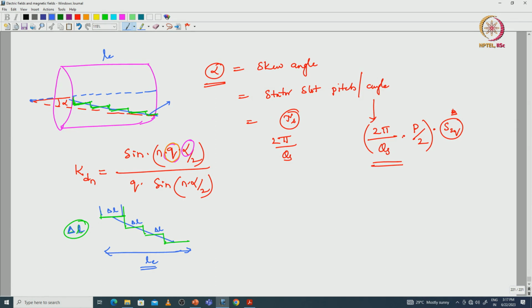And angle is with respect to this particular point, skewing angle from this point to this point is alpha, right. From this point to this point is nothing but delta alpha, okay, with respect to the small portion. From starting point to the ending point of each small straight bar, I can consider it as a delta alpha.